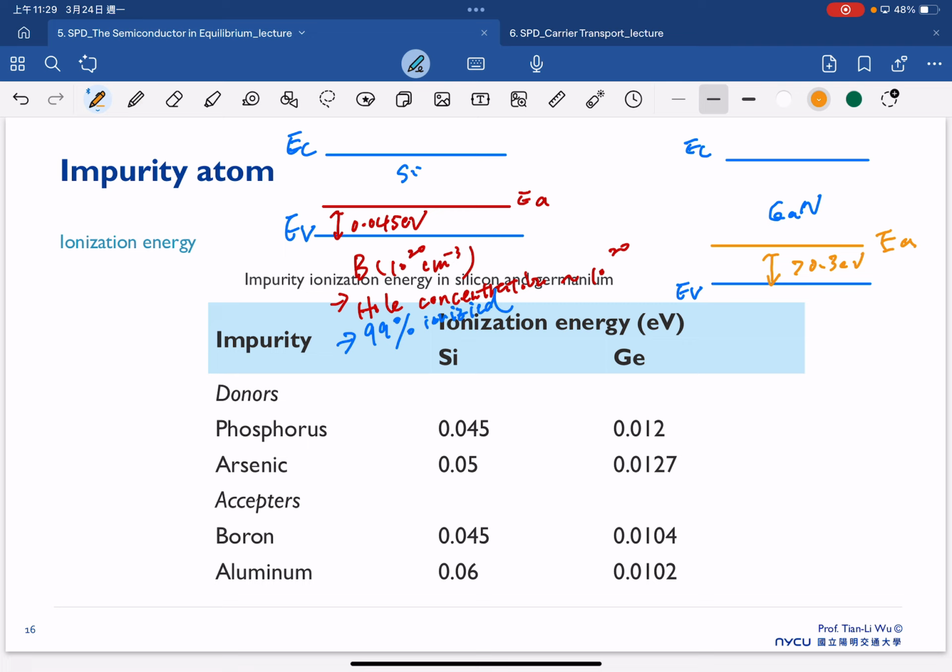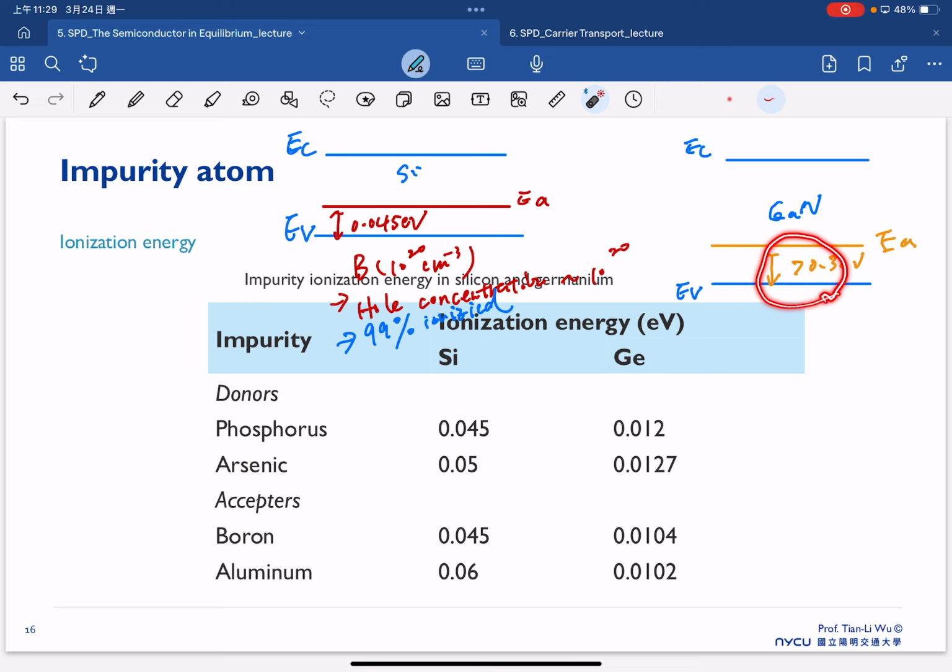In the case of silicon, it's only 0.045. But if we use another material that has 0.3, that is almost 10 times larger than silicon. So our ionization energy in gallium nitride is 10 times larger than silicon.